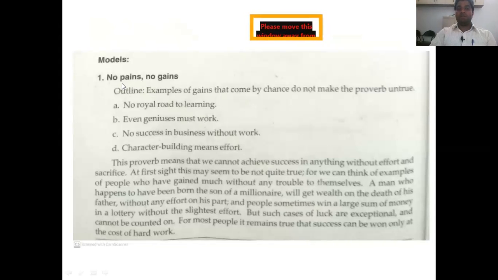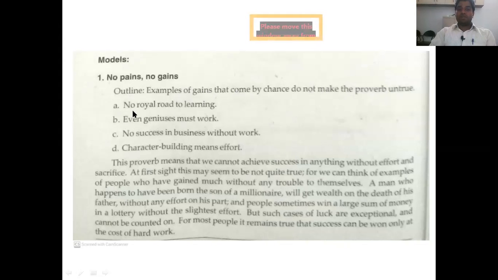The first proverb is, no pains, no gains. This is a proverb that we can give an expansion to elaborate. The first one is the outline. The examples of gains that come by chance do not make that proverb untrue. So the outline is about the gain. The gain may come by chance, but that does not make the proverb untrue.